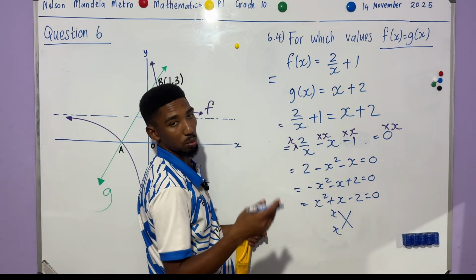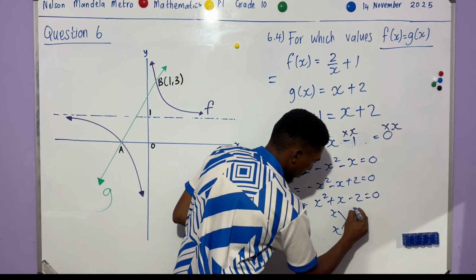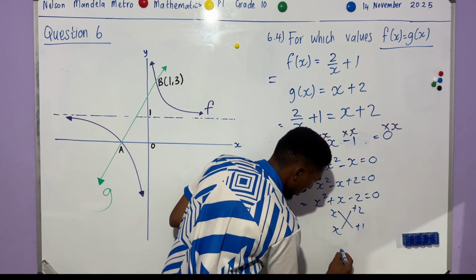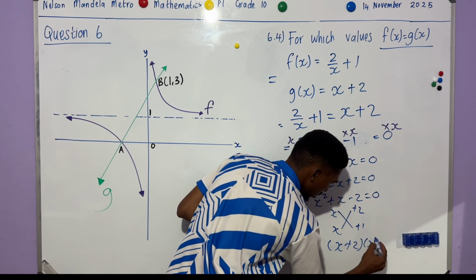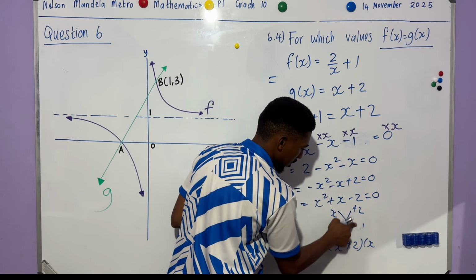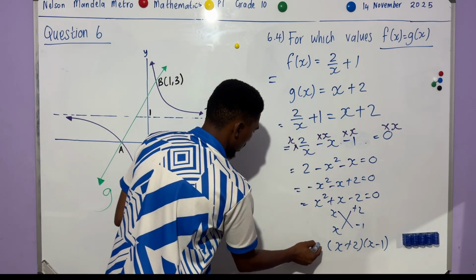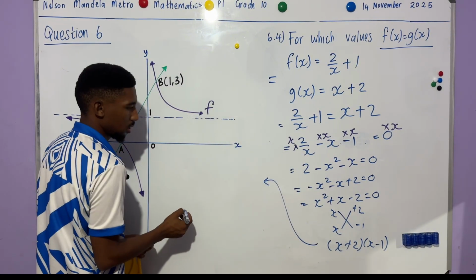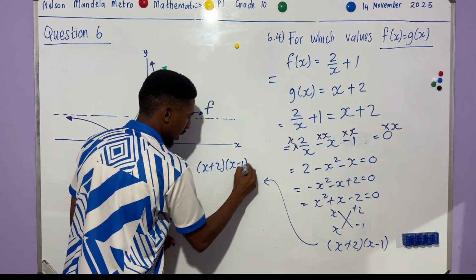How you solve a trinomial is completely up to you. So I'm going to have a positive 2 and a minus 1. So I have brackets x plus 2, x minus 1, and it's equal to 0.